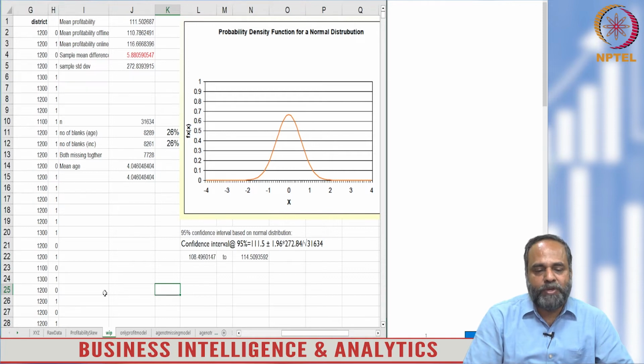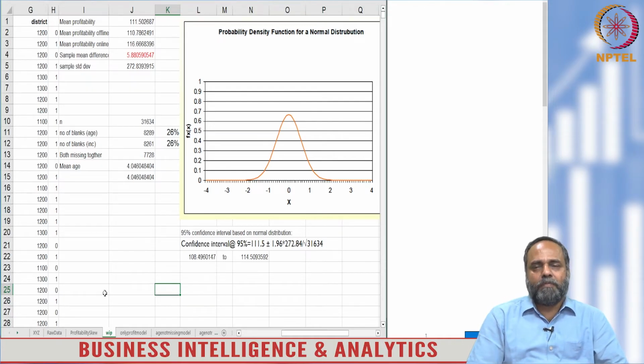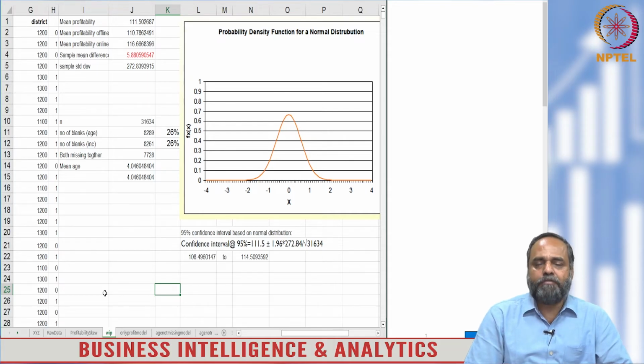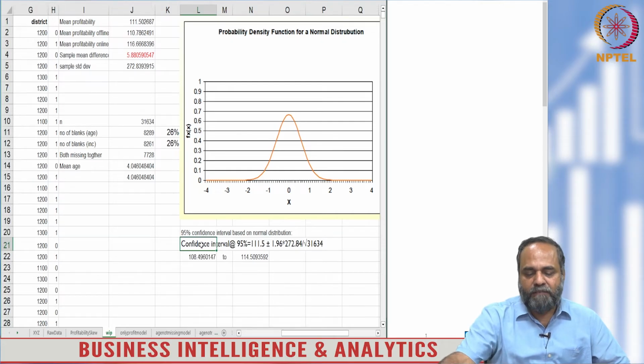Before doing that, I decided to create a confidence interval for the profitability. What would be the profitability for the population, or for the entire customer base, if 111.5 is the mean value for the sample? That is done using a confidence interval estimate, based on the t value at 95%.